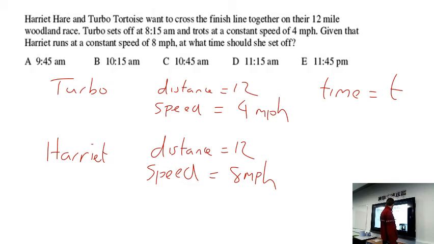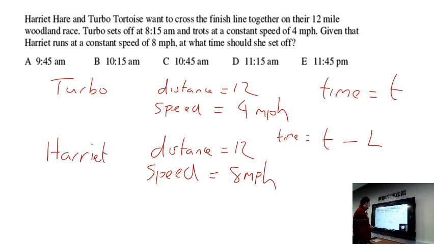So here it's going to be time, which is the time of Turbo, but there's going to be a bit of a lag. I'm going to call it L, meaning the lag. So this time is equal to Turbo's time, which is T minus the lag.